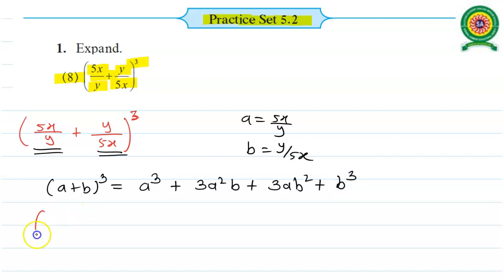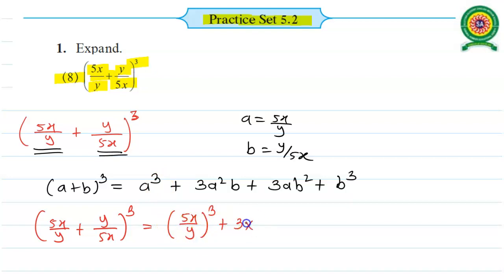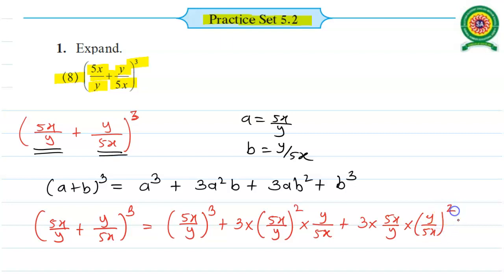Let us replace a and b by their values, so that 5x divided by y plus y divided by 5x the whole cube expansion is of the form a cube, that is 5x divided by y the whole cube, plus 3 into a square, that is 5x divided by y the whole square, into b, that is y divided by 5x, plus 3 into a, that is 5x divided by y, into b square, that is y divided by 5x the whole square, plus b cube, that means y divided by 5x the whole cube.